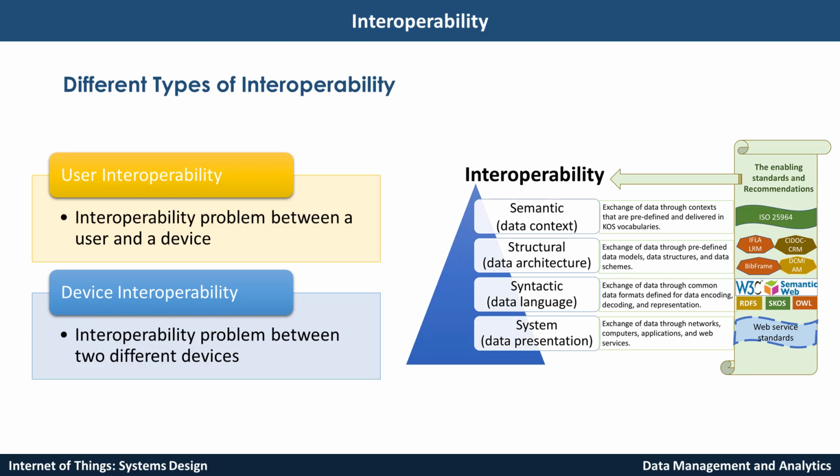And then the data context, so what is the context of the data? What are the vocabularies used to define a particular system? So when you are talking about interoperability, you need to think about all four levels of interoperability.